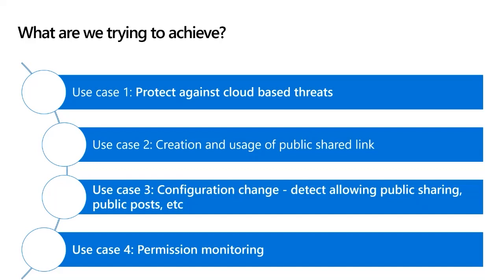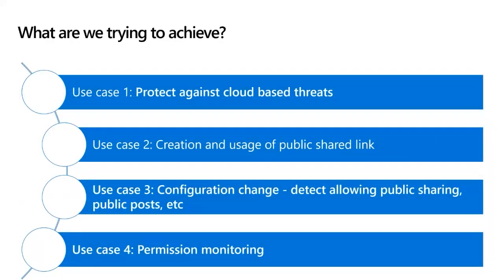The first use case is protecting Slack against different kinds of anomaly detection, anomalous behavior of users in Slack. The second use case is more particular to Slack, and it's regarding the creation and usage of public shared links that were created inside Slack.